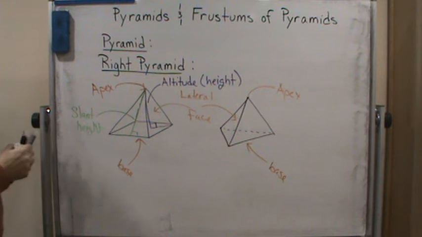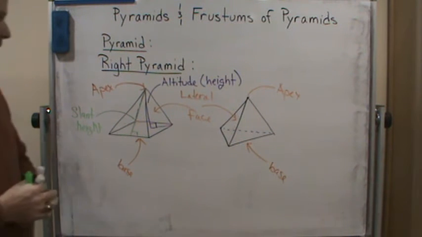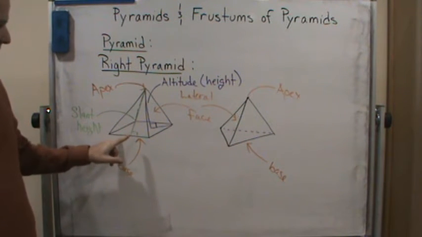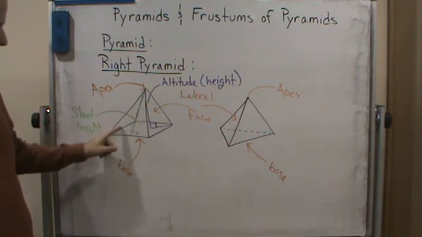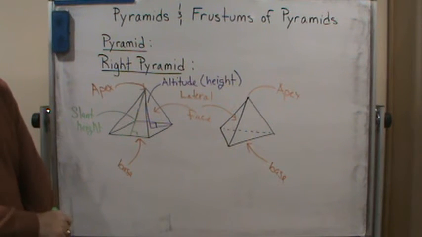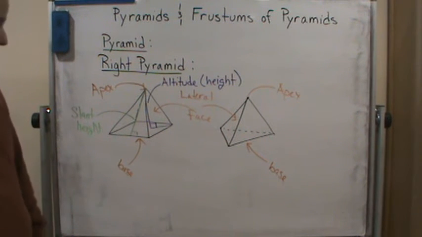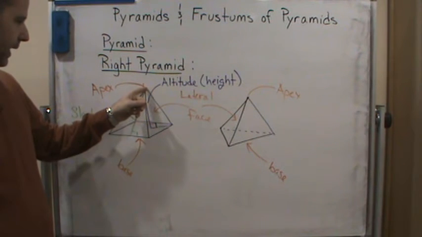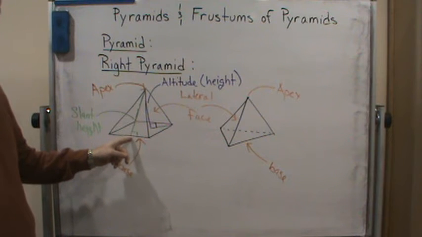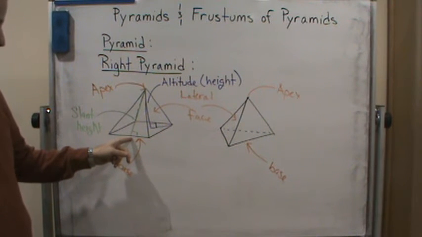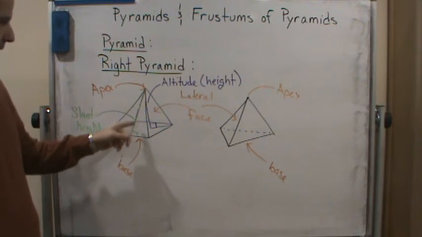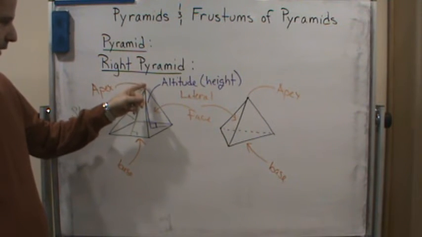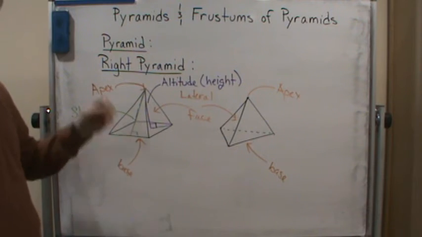So there's a difference. In this case, it's the height of the triangle that's formed as one of the faces. It's the perpendicular line that goes from the apex to the edge of the base of that lateral face. And the altitude is the perpendicular line that goes from the apex down to the base.